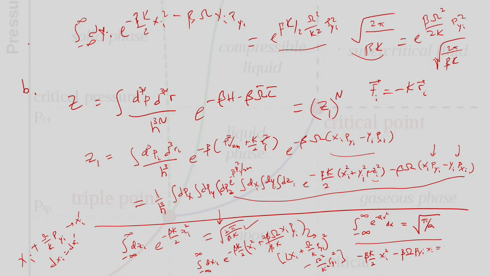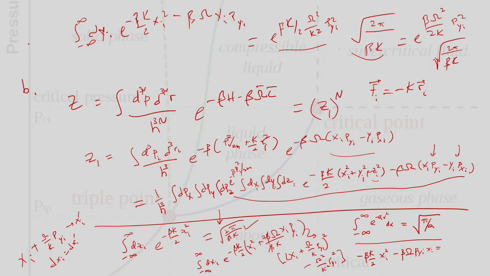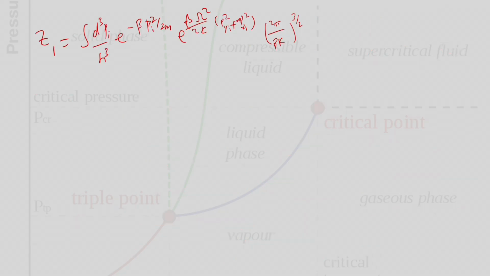This is because of the x integration, this is because of the y integration, and then there is 2 pi over beta kappa, because there is a square root and 3 of them, for x, y, z. So, that is what that is. So, now I am being called upon to evaluate this quantity. So, now it is easy.